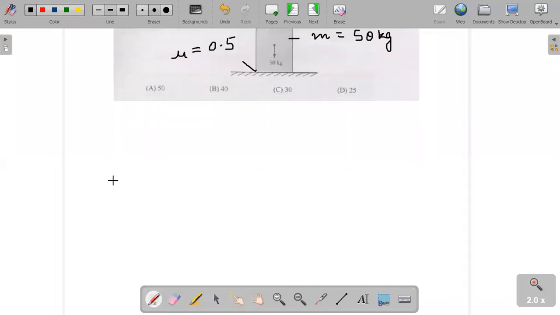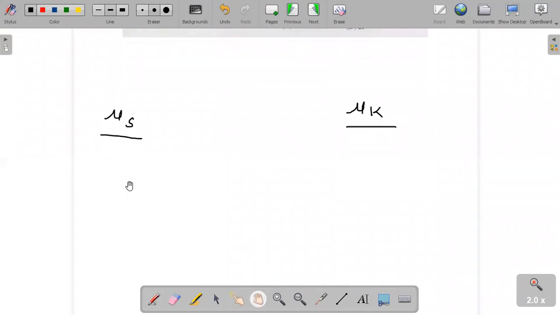One is static, one is kinetic. Mu s and mu k. What is the difference? स्टैटिक मतलब जब बॉडी रुक जाता है, और काइनेटिक मतलब जब बॉडी मोशन में होता है. When body is in motion, this coefficient is applied, and this coefficient is applied when body is at rest.